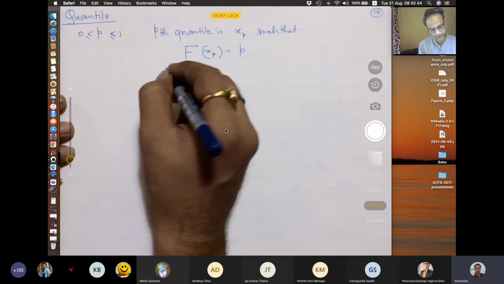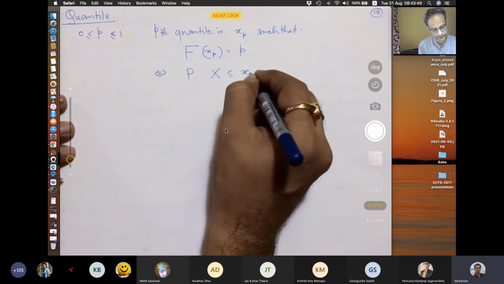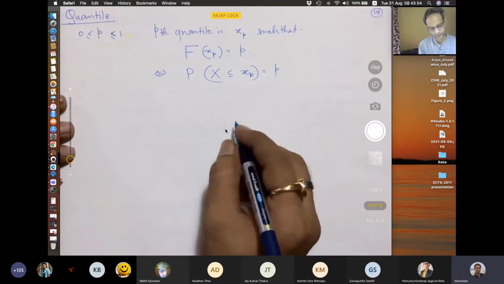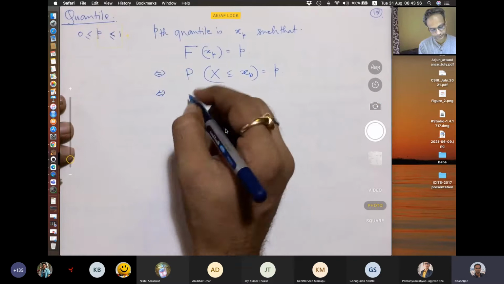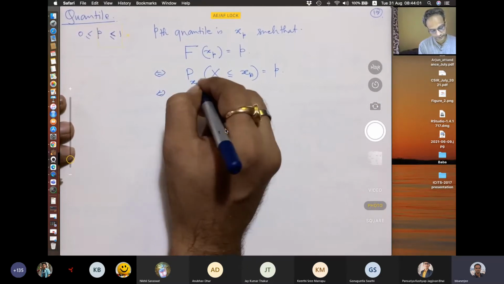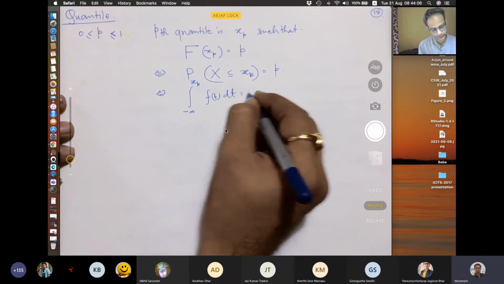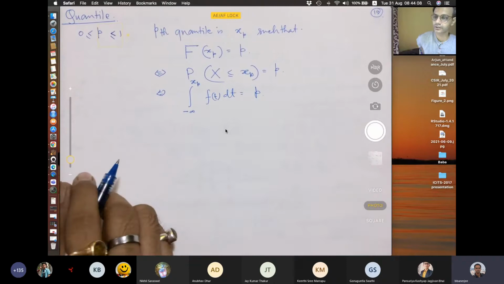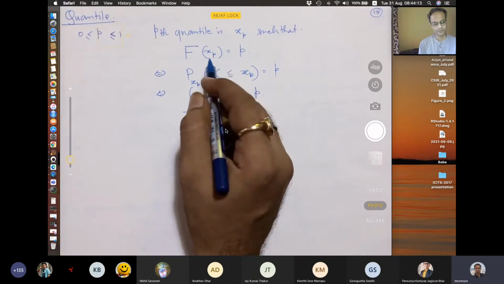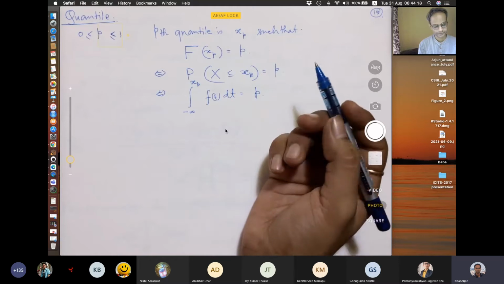That means the probability that X is less than or equal to xp is p. In other words, if you have the PDF, the integral from minus infinity to xp of f(t) dt equals p. So you need to find the solution for this equation, or if you know the CDF explicitly, you need to find the solution.